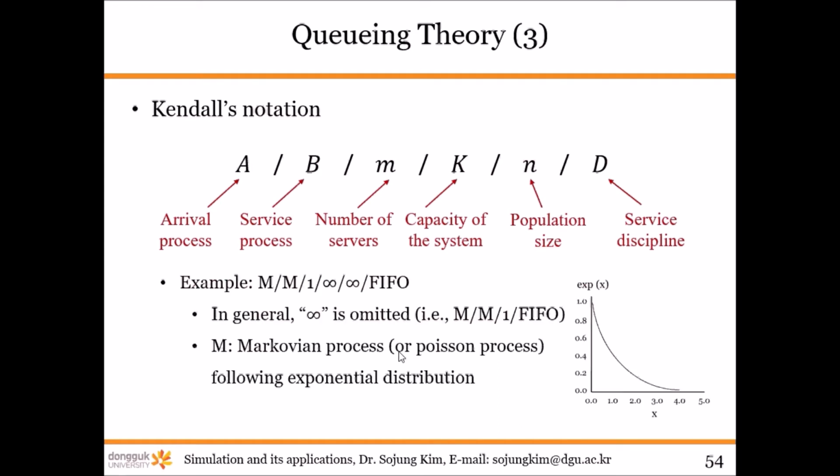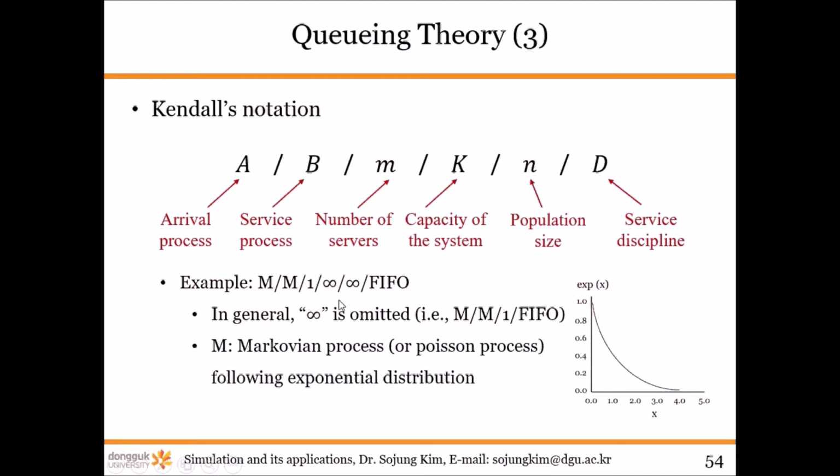For example, here is M/M/1 with unlimited capacity and population, and usually this is known as just the M/M/1 queuing model. Usually we ignore the unlimited symbols from the original Kendall's notation.